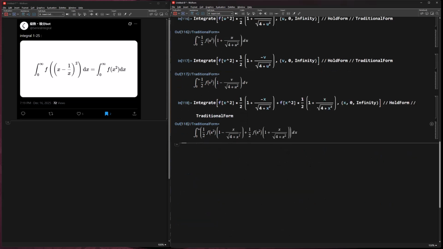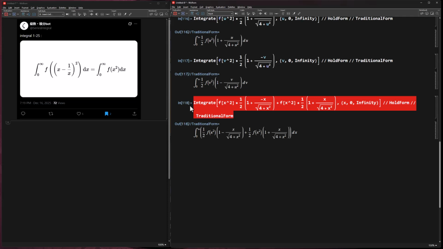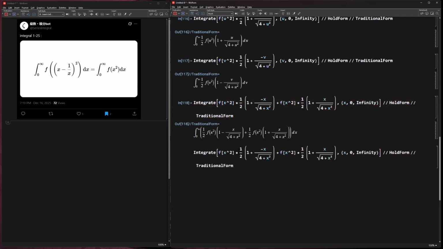In this case, you can see that the x over the square root of 4 plus x squared terms cancel each other, and we can combine the 1/2 altogether. So eventually, we will have exactly the same thing as the right-hand side of our original problem.